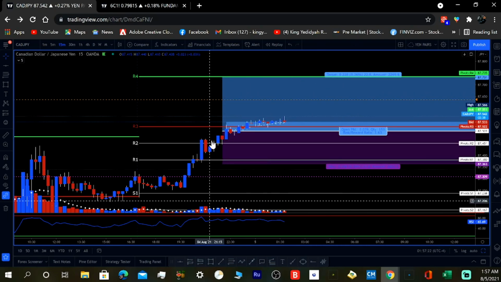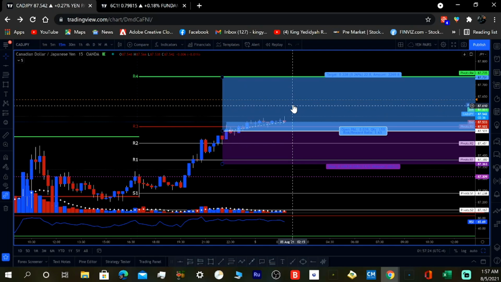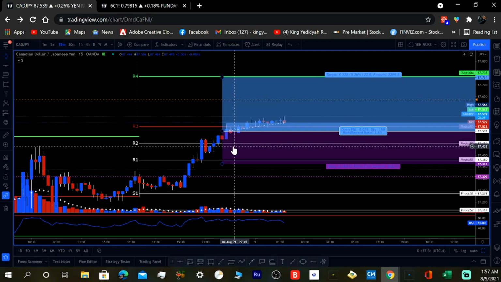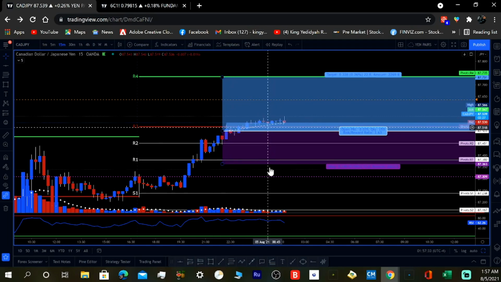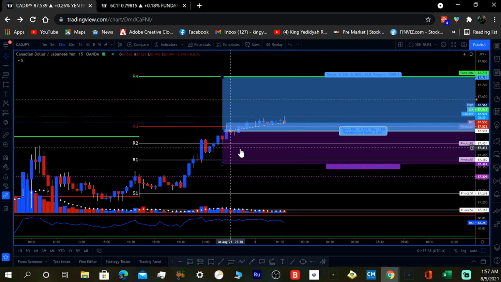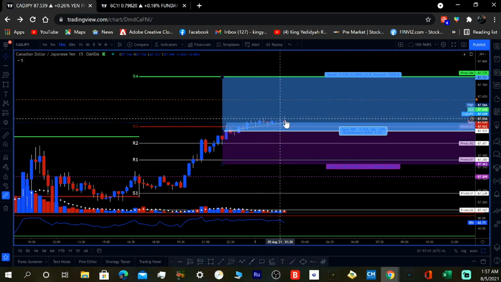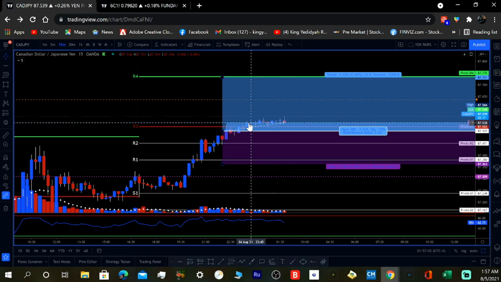And if I could get something close to here before I go to bed, I'ma just trail my stop up to like below R2, so I'm risking less. And I really don't like this price action right now, where it's creating too much wicks here to break this level, this sideways movement right here.